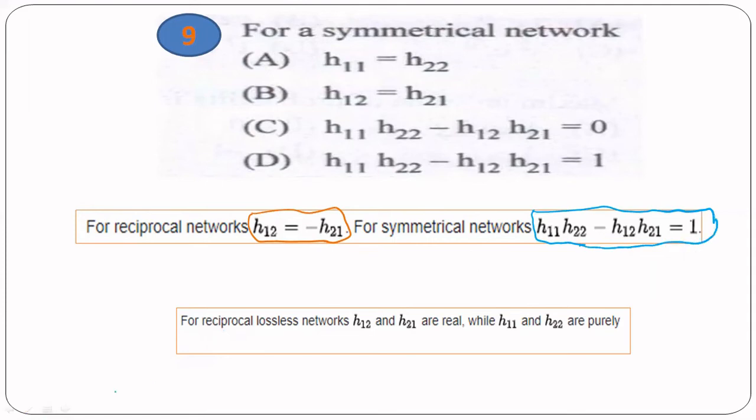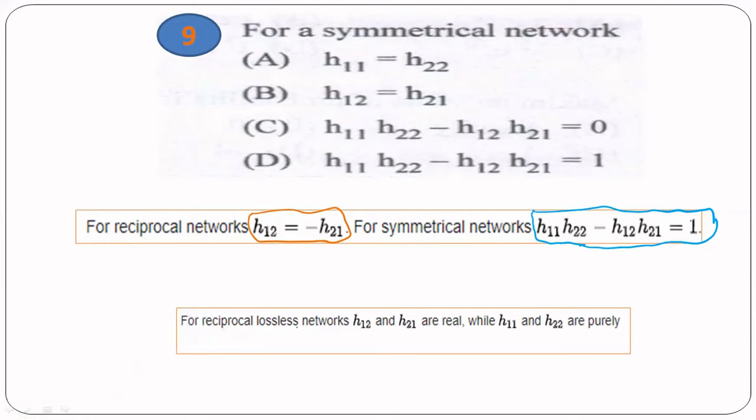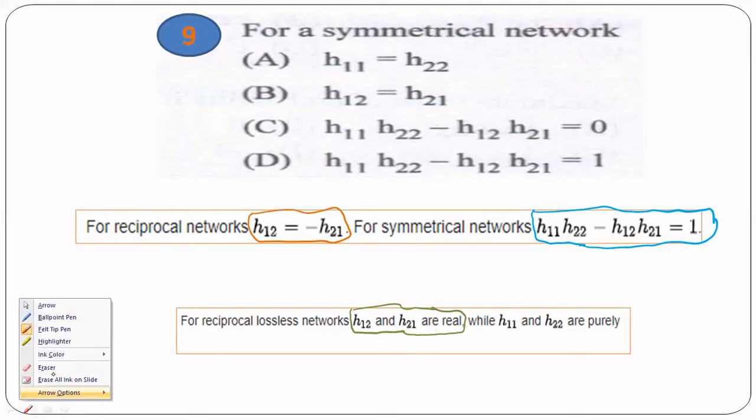Whereas if the network is reciprocal and lossless, then these two parameters, H12 and H21, are real, and similarly the other two parameters, H11 and H22, are purely imaginary.